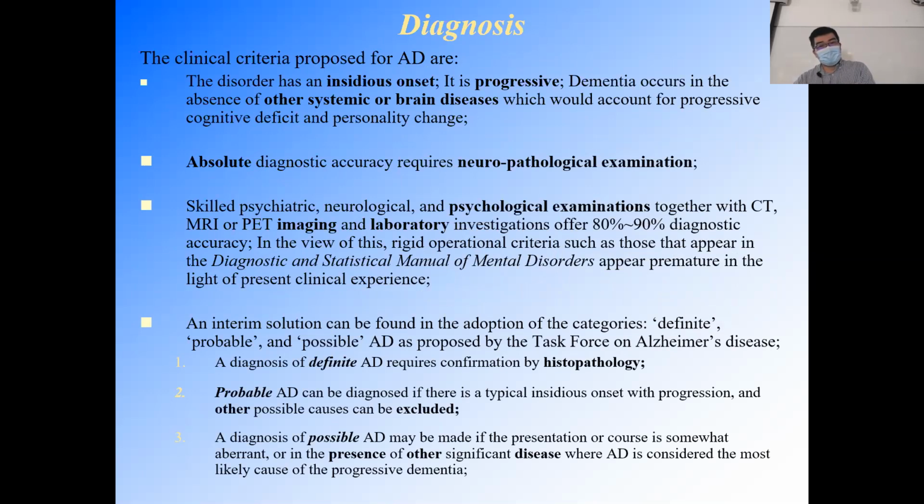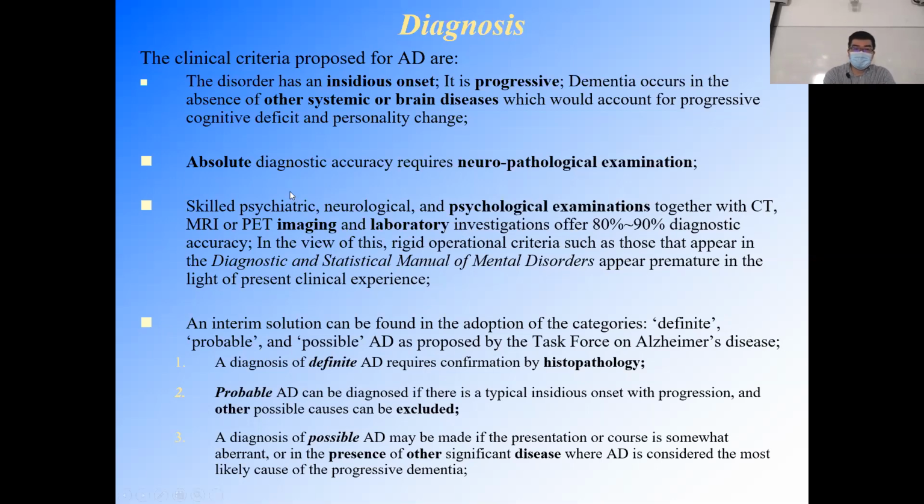The dementia occurs in the absence of other systemic or brain diseases. The memory impairment will appear because that might be the most obvious thing you can see. But actually, there might be other changes, for example, the personality may change a little bit and then become upset and so on.